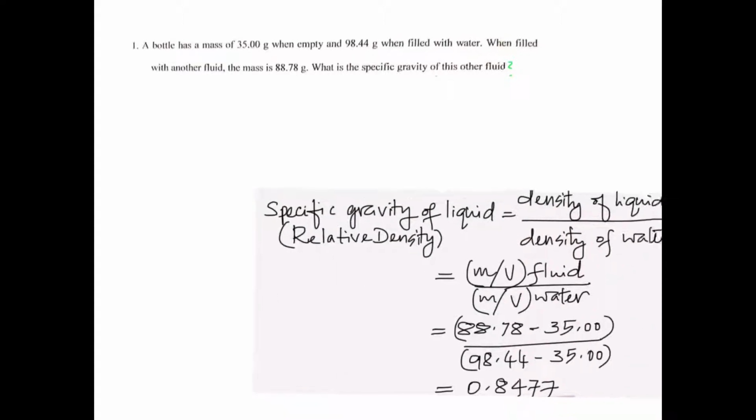And likewise, you can get the mass of the fluid by taking the difference between 88.78 and 35. And these two masses will be for the same volume of the fluid. So here's how you calculate this.